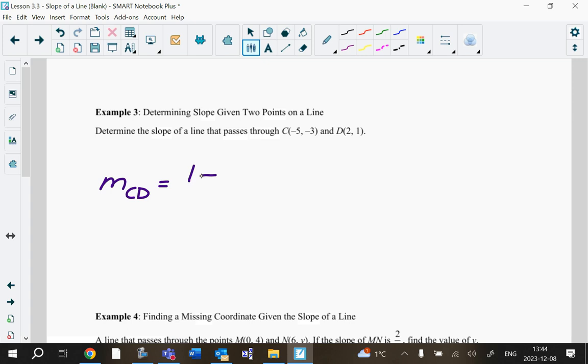So 1 subtract negative 3, which actually becomes a plus, over 2 minus negative 5, which also becomes a plus. Can't divide that cleanly, can't reduce it, done. Okay? Good. Short and sweet.